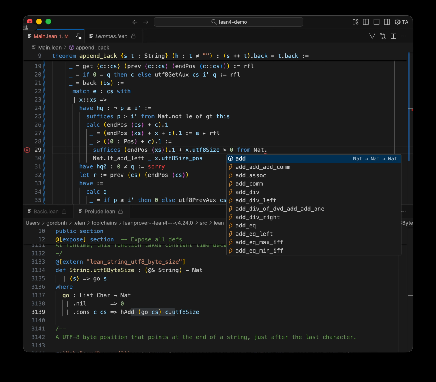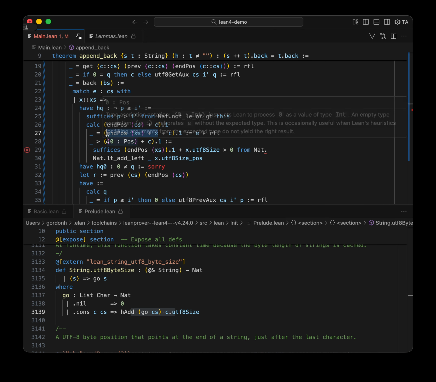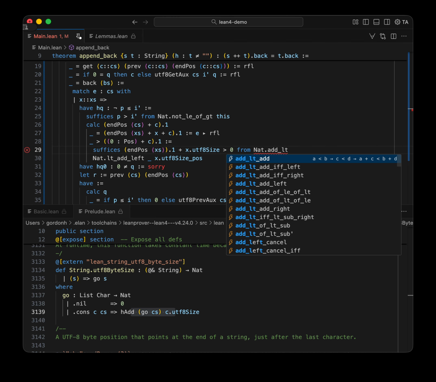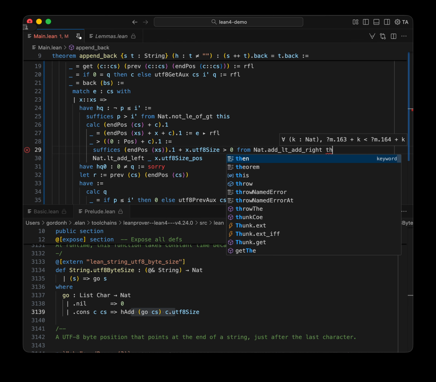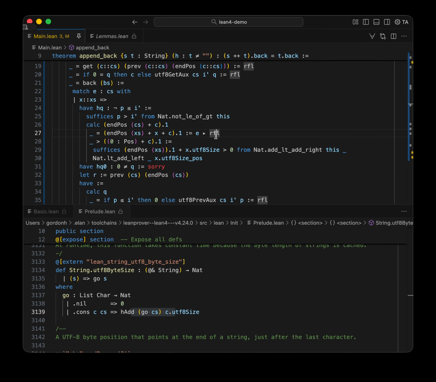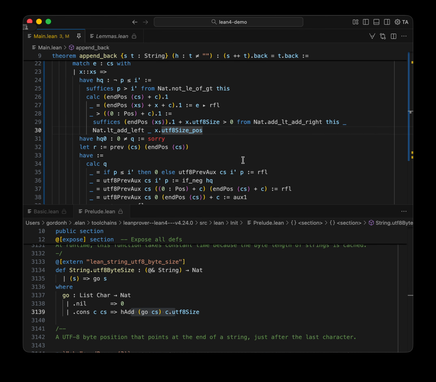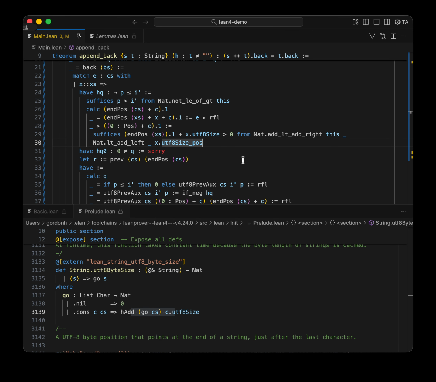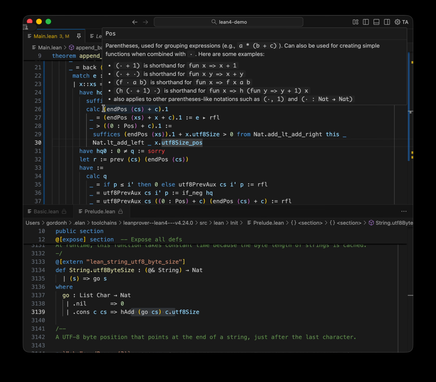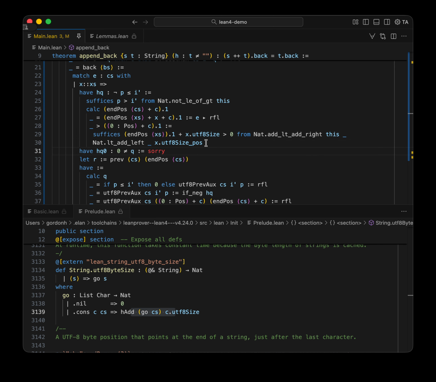Natural number, so I have this first part covered. And then they're adding both sides by C, so add LT, add right, adding C to the right. This, and let it deduce. Okay, C for me. Great, this closed. Do we want to shorten this? Alright, doesn't matter, just leave it like this.